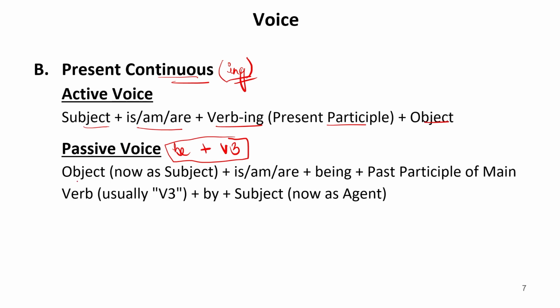So here we have the object on the subject place, then is/am/are, that is the form of be. Just to locate the ing verb, we use the word being. Then we have the past participle of the main verb, because the main verb is always converted into third form. Then we have by, then the subject now as an agent.